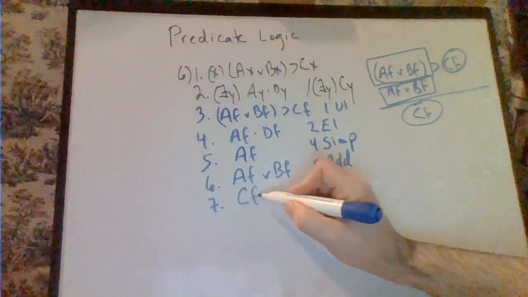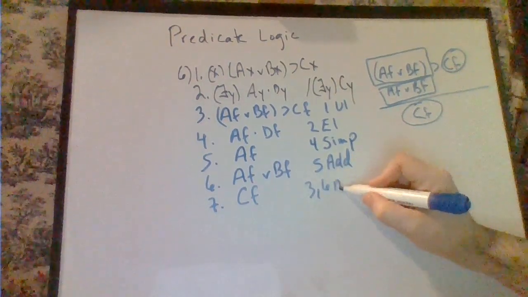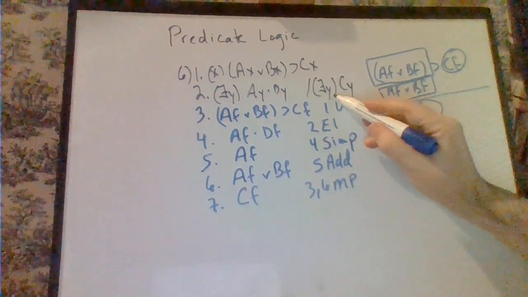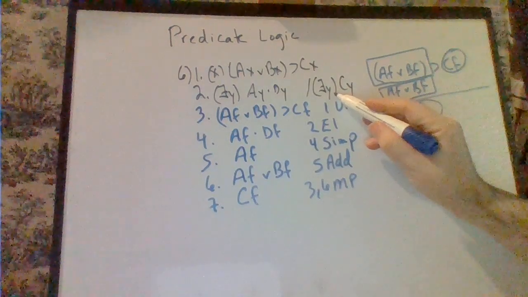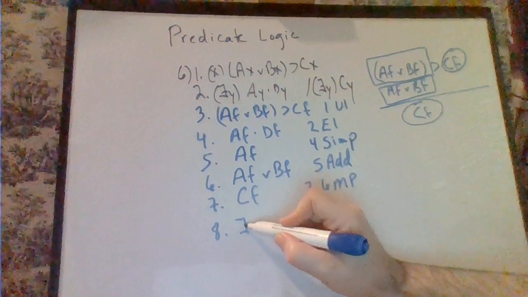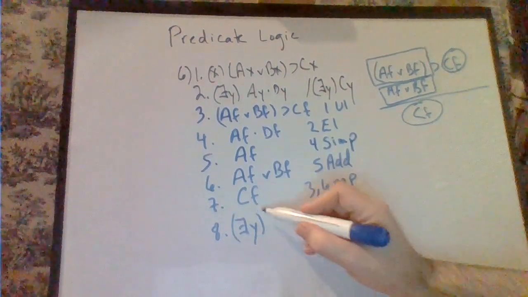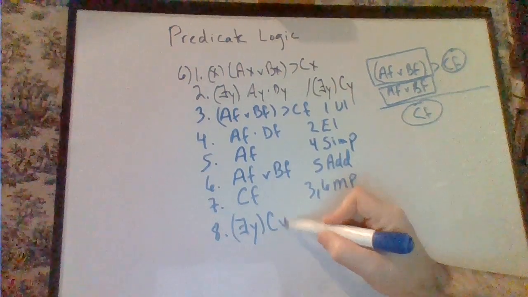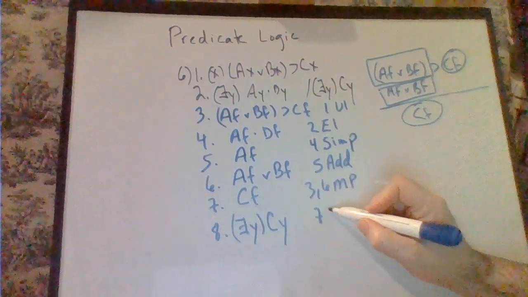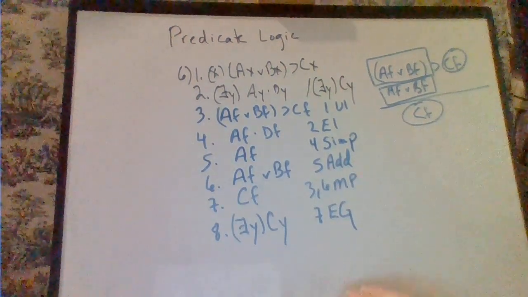So you would derive Cf from 3 and 6 through modus ponens. Now it wants it in that form with y as the variable, so on line 8 we're going to add in the existential variable Ey, and we're going to replace the F with the Y. So that's a process that we've called the existential generalization. And so that one is done.